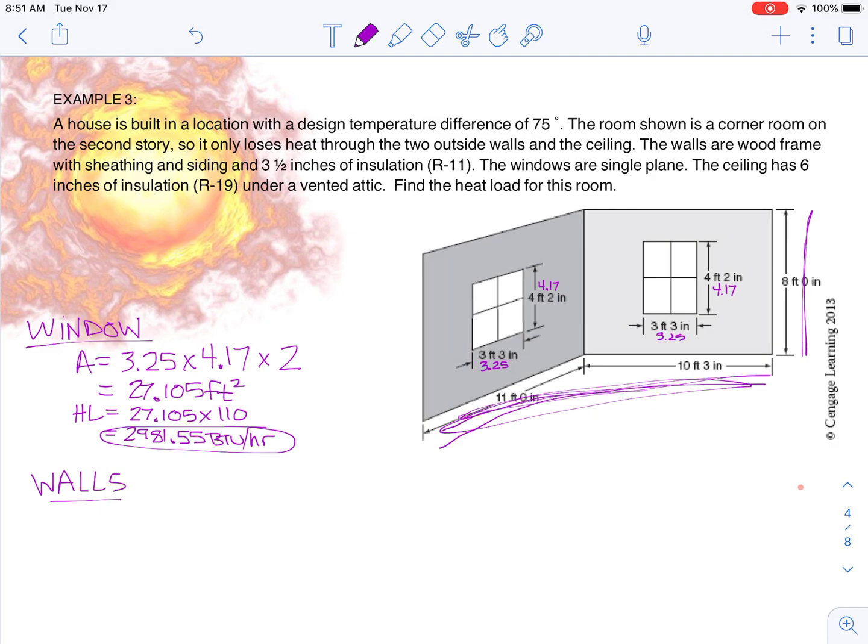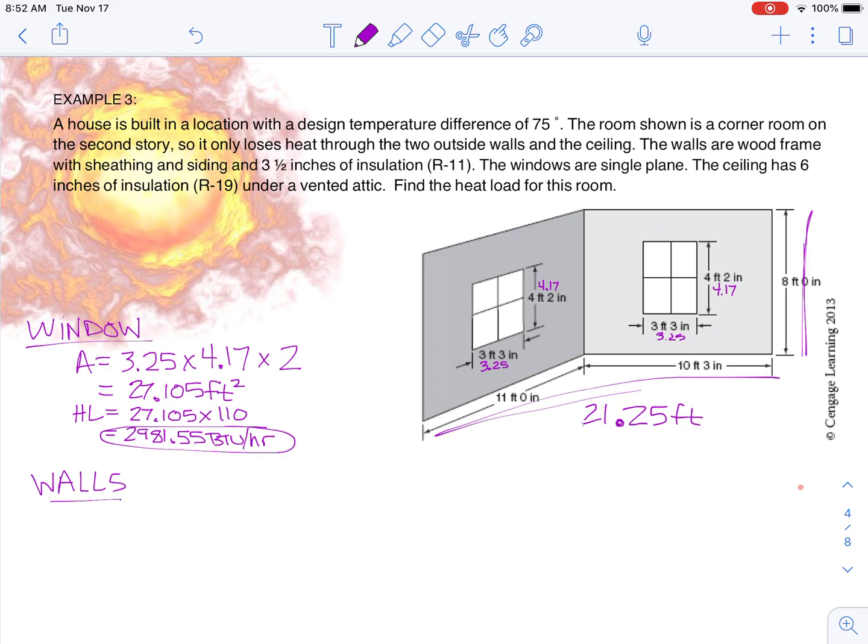So the whole length would be 11 feet and 10 feet 3 inches all put together. I'm hoping you can see that this would be 21 feet, and 3 inches would be 0.25 off of our little chart.